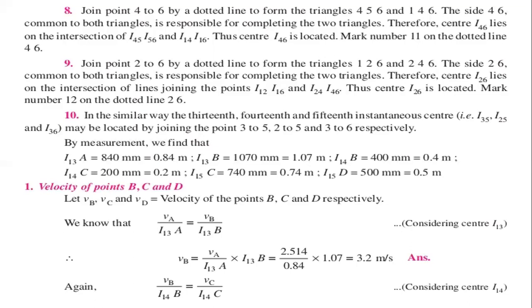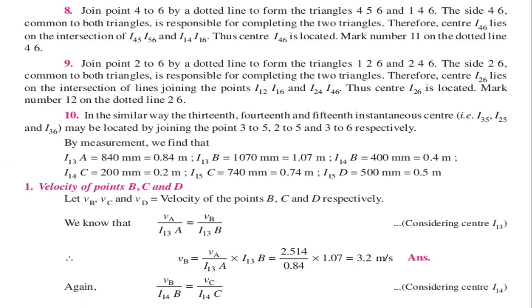Then join the point 2 and 6. So we are going to join the point 2 and 6 by a dotted line. Then the same procedure is taken for this pattern also.